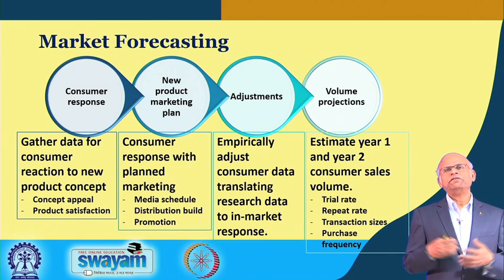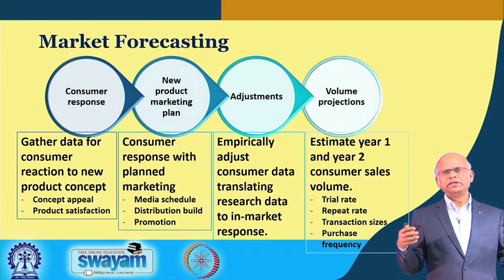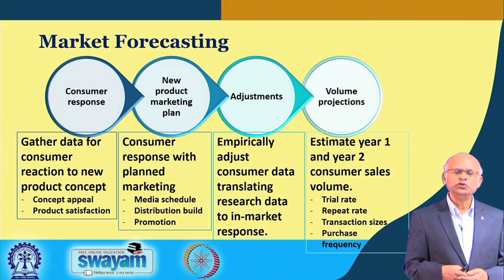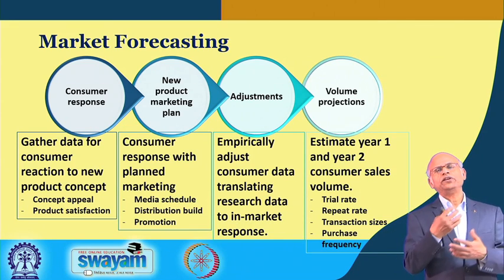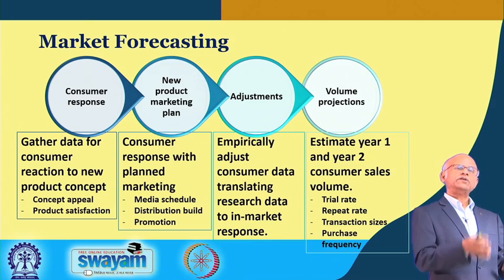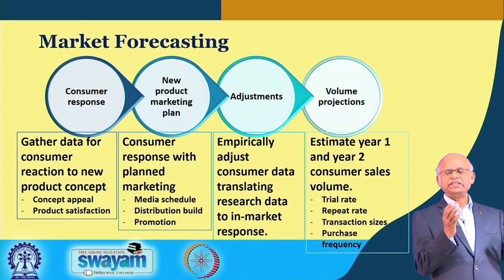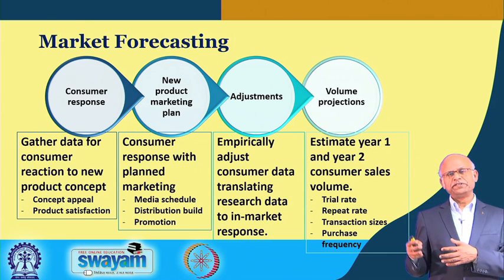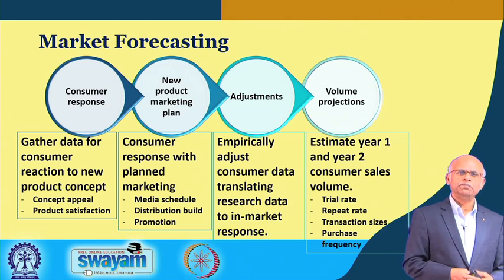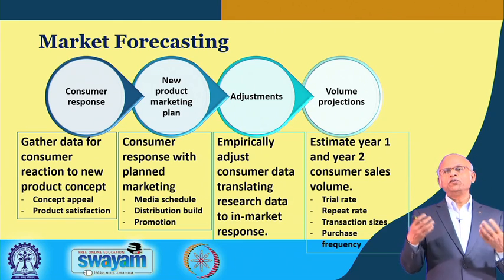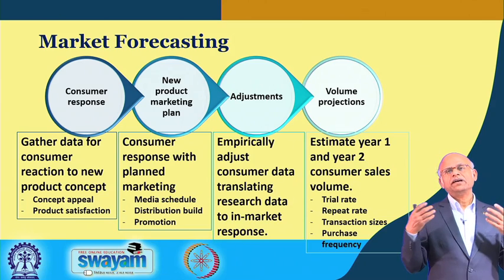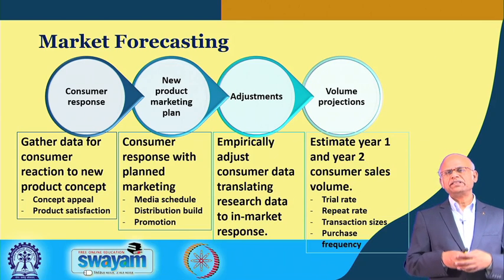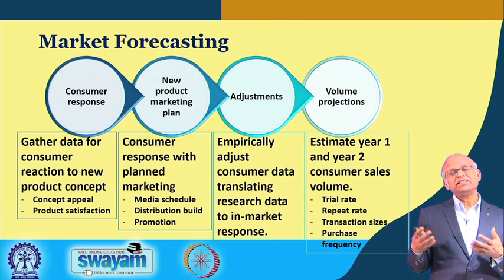Third is the adjustment factor, like what percentage of the consumers who are saying I will definitely buy are actually going to buy. So, you have to multiply with that factor. We have seen 80% of them, 30% of them, 20% of them buy actually. Then volume projection, meaning you estimate the first year based on how much awareness you are going to create, and maybe repeat sale also.